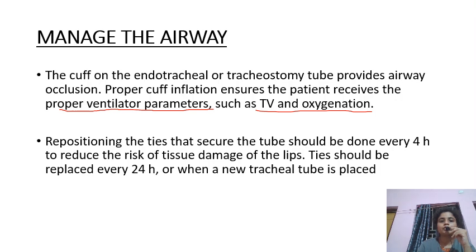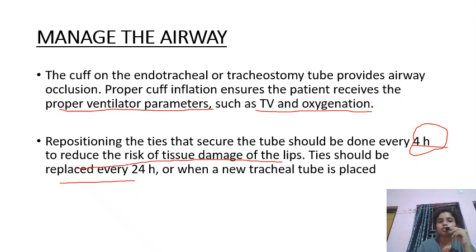And always reposition and secure the ties every 4 hours to prevent the risk of any tissue damage to the lips. The ties should be replaced every 24 hours. Repositioning should be done every 4 hours so that damage to the lips does not occur.